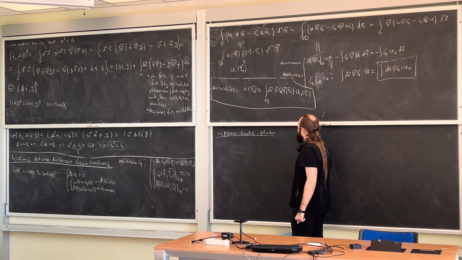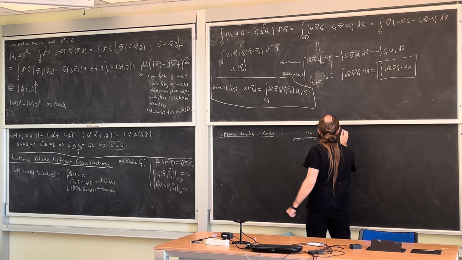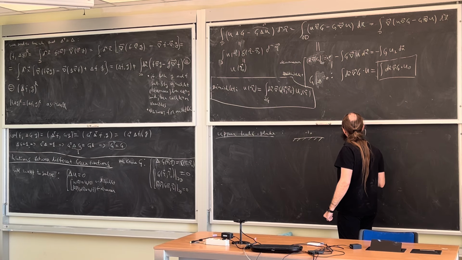So can you tell me the gain function in this case? There is 0. What is g of z and z0?